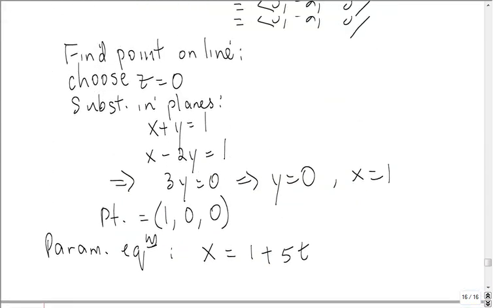Sorry about that. y equals 0 minus 2t. z equals 0 minus 3t. That's it. Any questions? Okay, that's it.